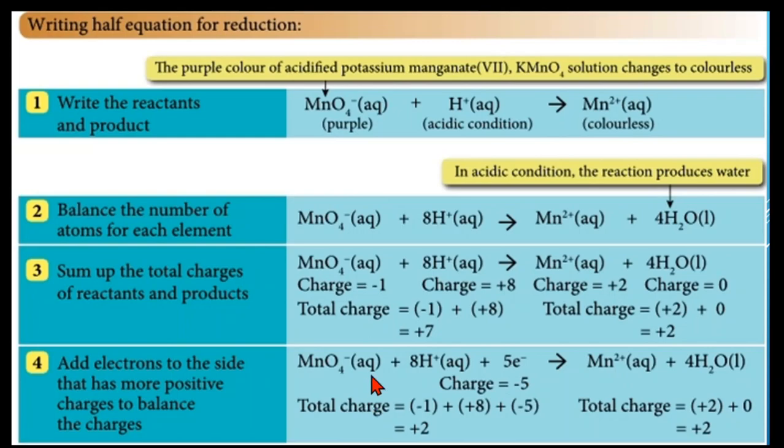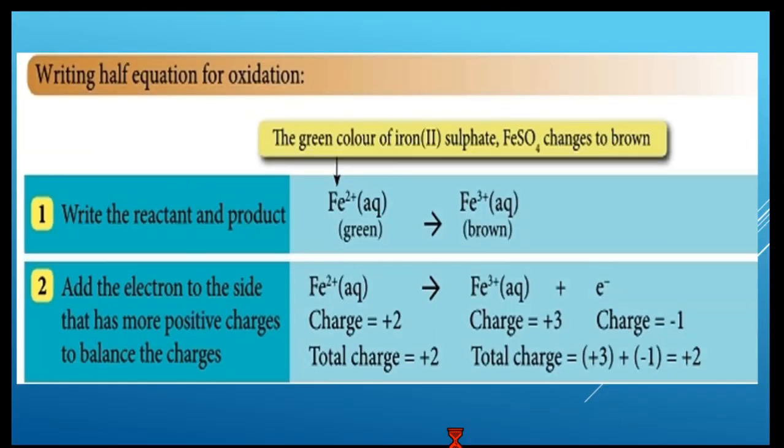So total charge here is negative 1 plus 8 plus negative 5, which becomes plus 2. Here positive 2 plus 0 is 2. So it balances, left hand side and right hand side. The total charges are the same. So that is the method.